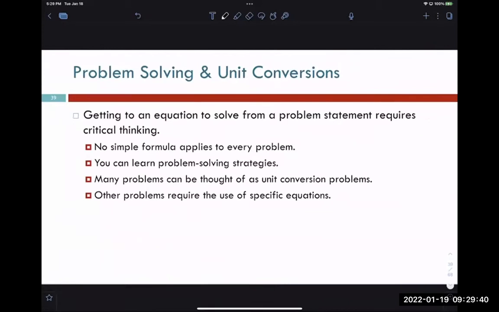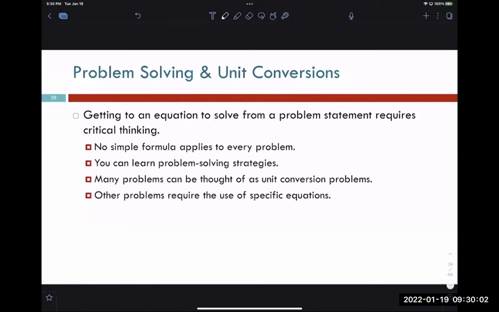So there are some strategies, and especially in chemistry, there's not like set formulas. You can't just say like the area of a triangle is, whatever that equation is. I think the area of a sphere, I can do area of a sphere 4/3 pi r squared or something, pi r cubed, I don't know. Right, so there's no formulas like that necessarily in this class.